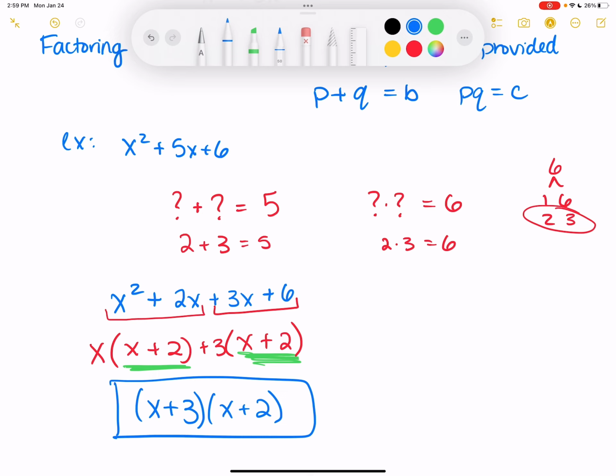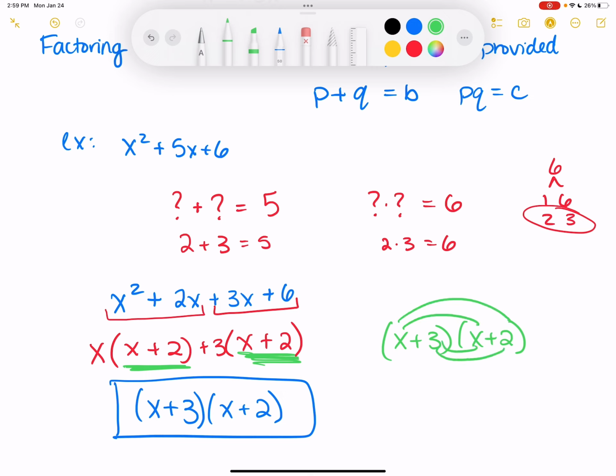Now, I told you there's never, ever an excuse to get factoring wrong. Why? Because I can take this, x plus 3 times x plus 2. I can FOIL it back. Can multiply it back.